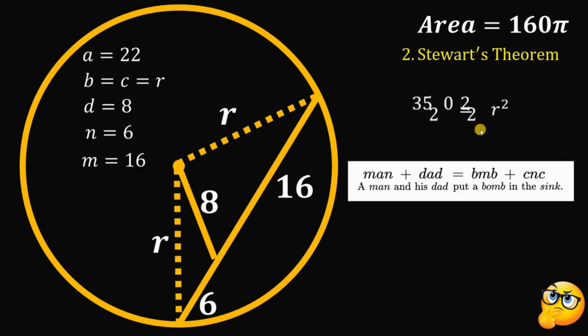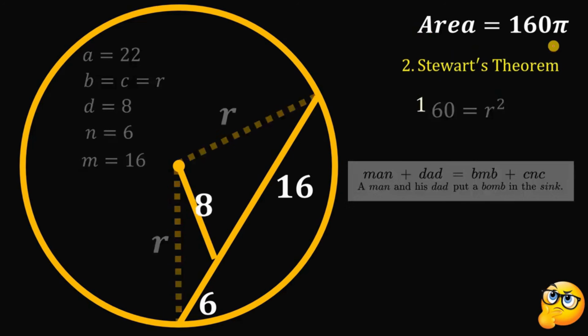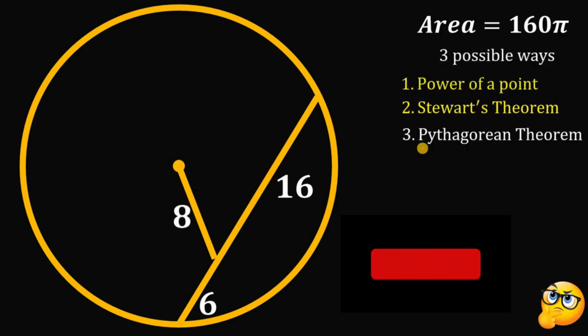Now, divide both sides by 22, and sure enough, 3,520 divided by 22 will give us 160. So r squared must be equal to 160. So we get that the area of the circle must be equal to 160 pi square units. Again, we get the same result using our second method, which is Stewart's theorem.